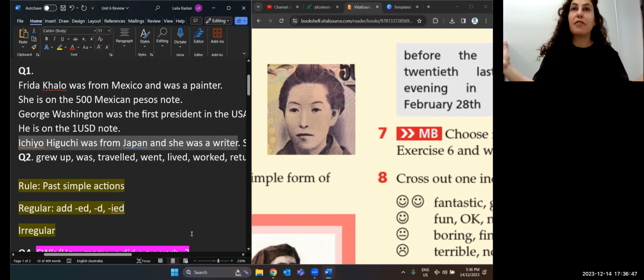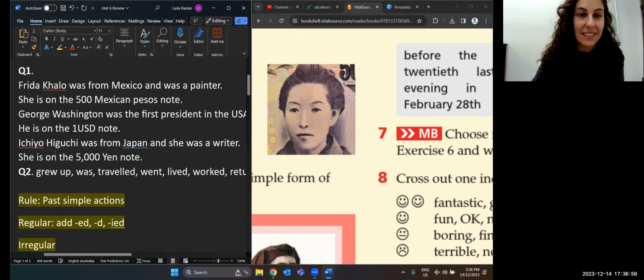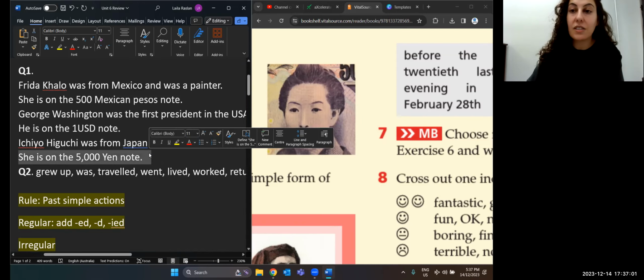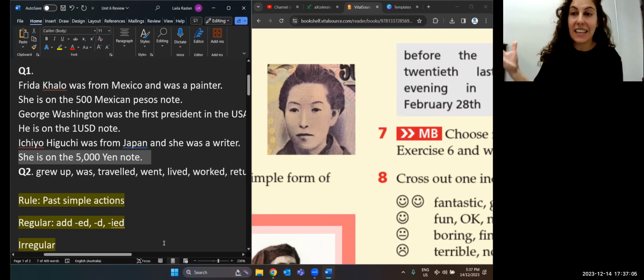Again, we're using the verb to be to talk about where she was from and what her job was. And she was a writer. Next sentence we can say about her. Because this is true information right now, we're going to use the present simple and say she is on the 5,000 yen note in Japan. That's their note, the 5,000 yen. She's on there. So really simple, using the past simple verb to be to talk about these people.